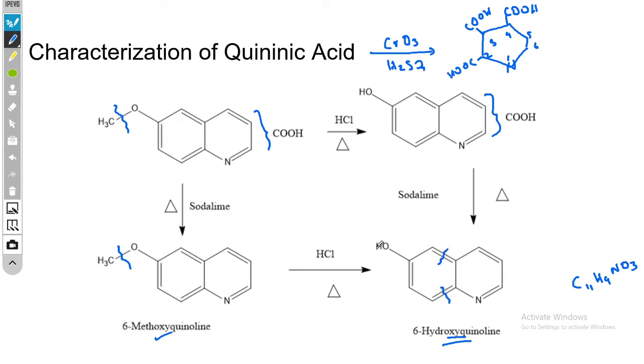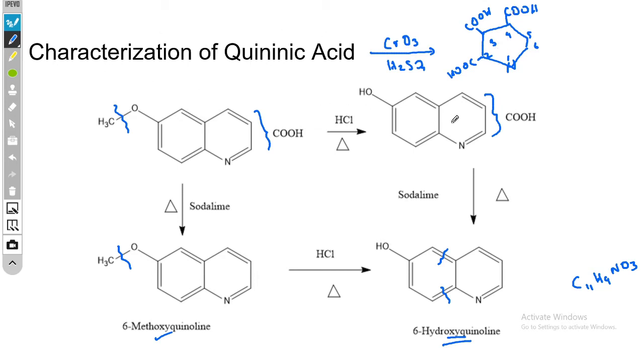That is, here in actual structure, here is Me. These 2 COOH are due to the oxidation of these two, and this COOH is the COOH of quininic acid. So from this, the attachment of the COOH group is found out by using this method.